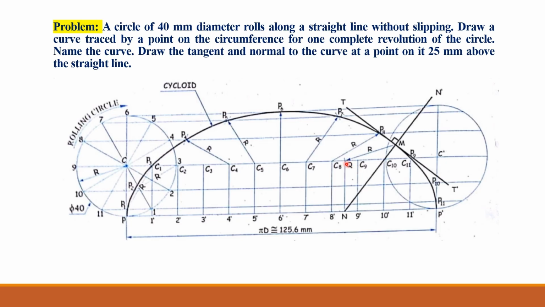Then from this Q point draw a perfectly vertical line, normal to this horizontal tangent line.